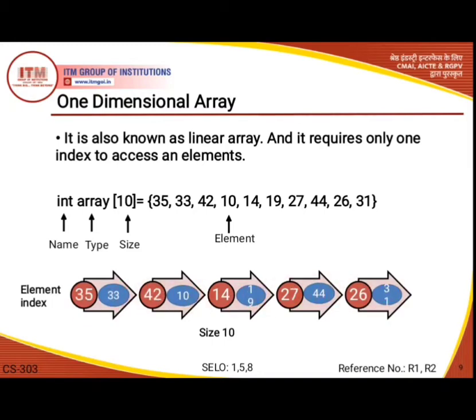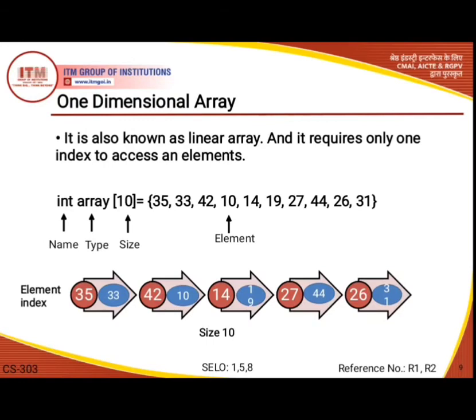Okay, and the elements of the array are stored respectively in successive memory locations. So like this, 35 is stored at the 0th position, and 31, which is the last element, is stored at the 9th position.